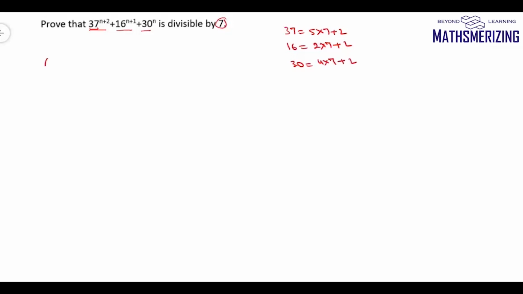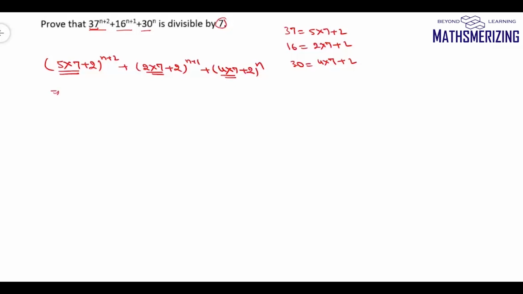So I'll write 5 into 7 plus 2 to the power of n plus 2, 2 into 7 plus 2 to the power of n plus 1, and 4 into 7 plus 2 to the power of n. Now I'll use the shortcut, so I'll discard all the terms which are multiples of 7.